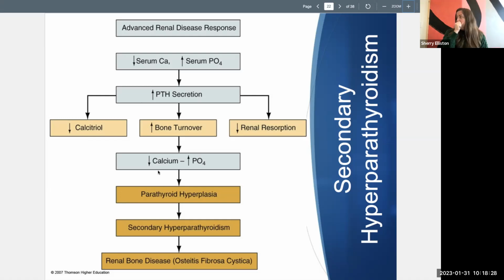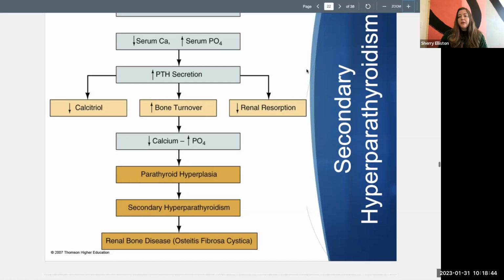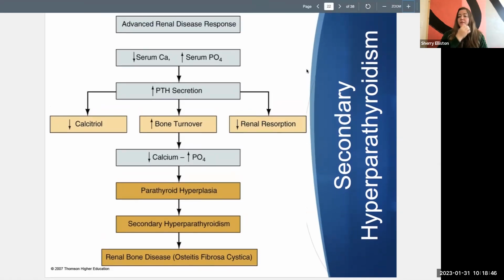You'll continue to see a decrease in serum calcium and an increase in phosphorus, and that leads to these secondary systems occurring. To understand this better, I'm not in love with this slide as much as others.